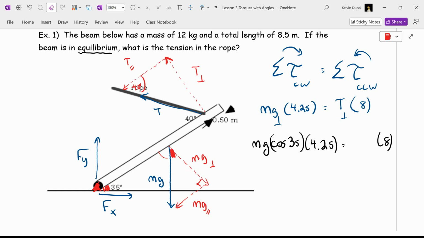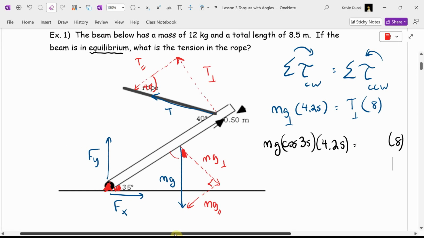I need to get an expression for the perpendicular component of tension. This one, unfortunately, is a little bit trickier. Tension perpendicular: opposite, adjacent, or hypotenuse? It's opposite.